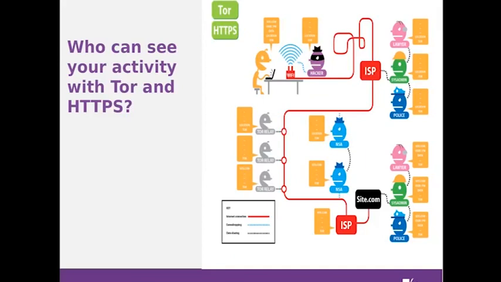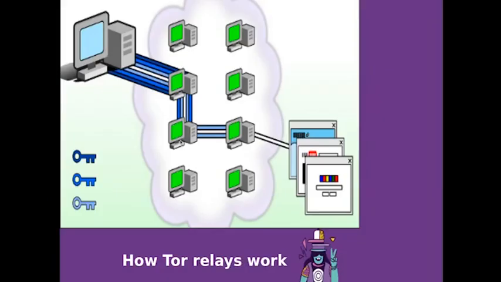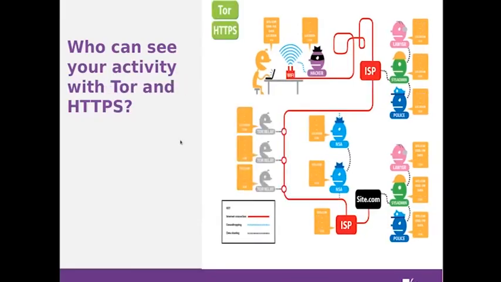So let's go back to without Tor. You can see that basically more information about the website you're accessing, the user password, the data location is more visible, because there's less encryption. But please do come back and have a look at this slide.